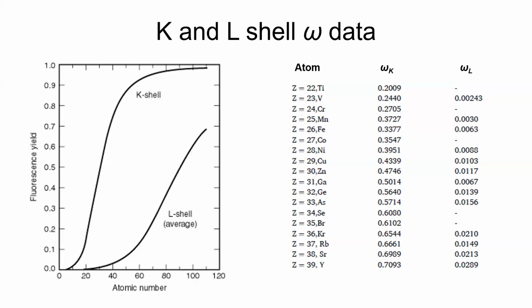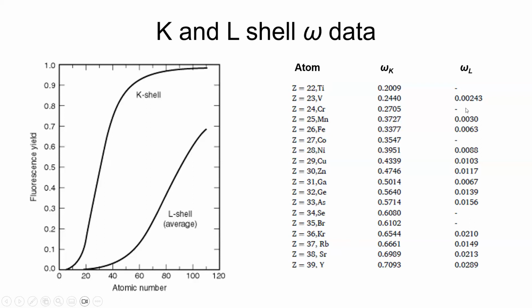Versus something here around 0.5, which would actually correspond to something like germanium. So I have a fluorescence yield that's now about 50%. So 50% of the time I'm getting out an X-ray. You can see the same basic trend as I go from lower Z to higher Z: my fluorescence yield for the K shell tends to go up.